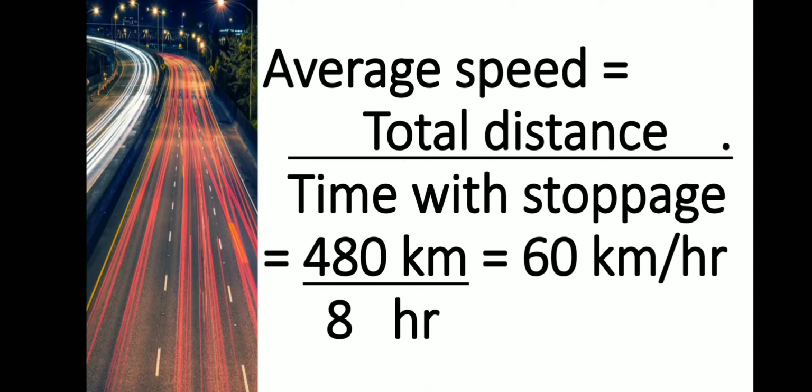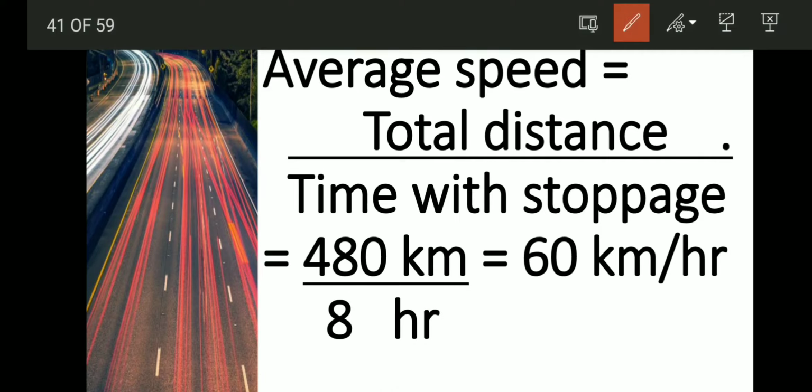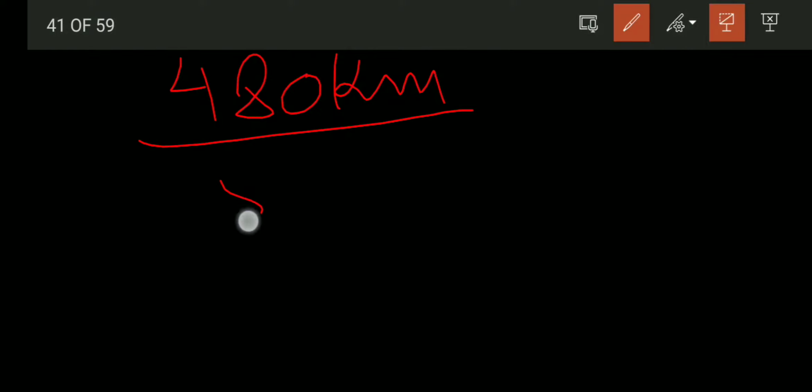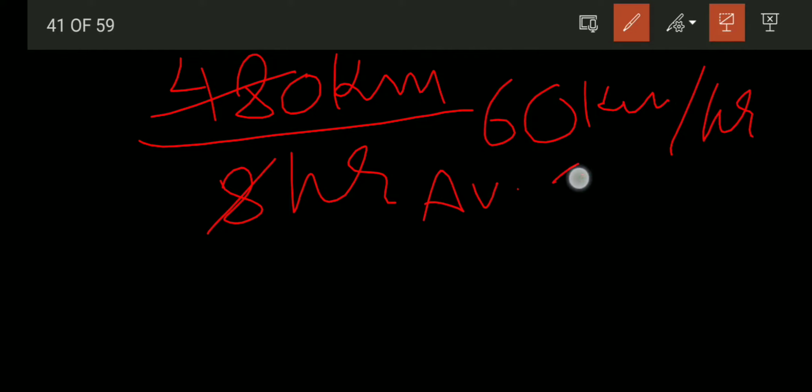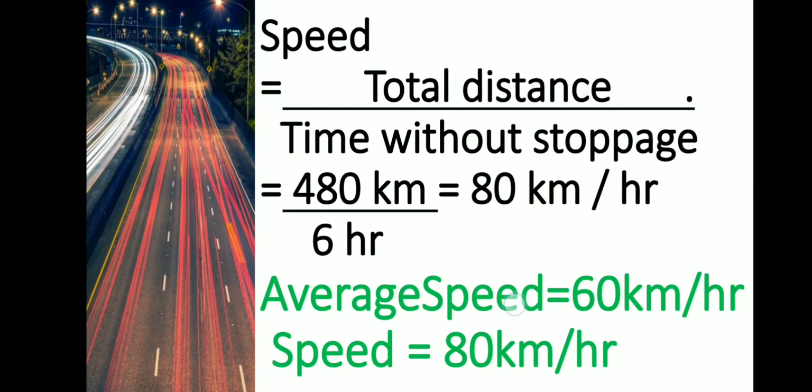So we'll divide this 480 km by 8 hours. 8 sixes are 48, 10, that comes to 60 kilometer per hour. So this is average speed. Got it? Now we have to calculate the normal speed.